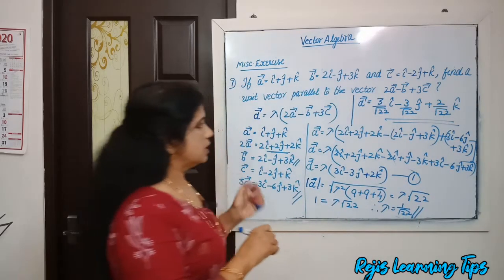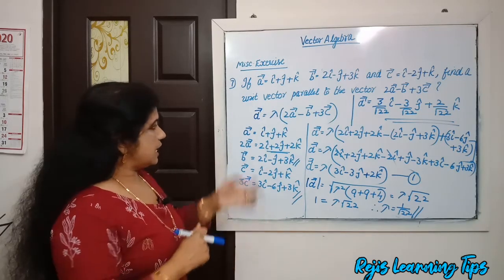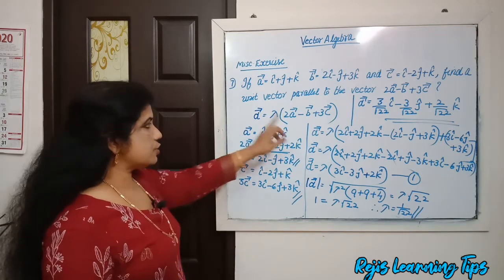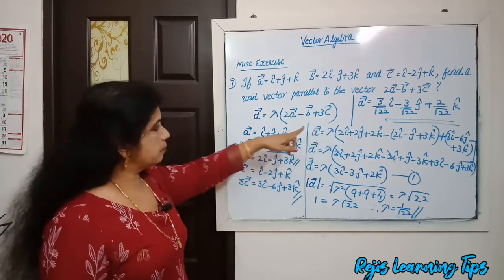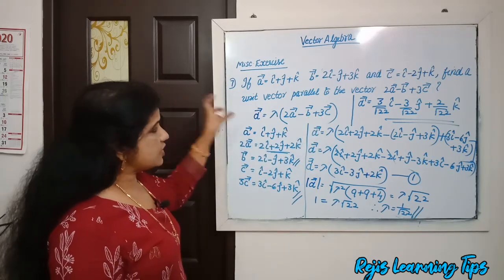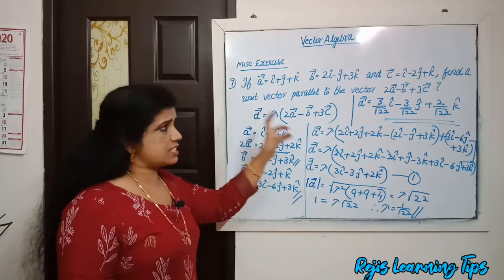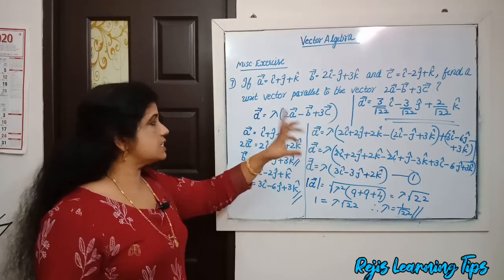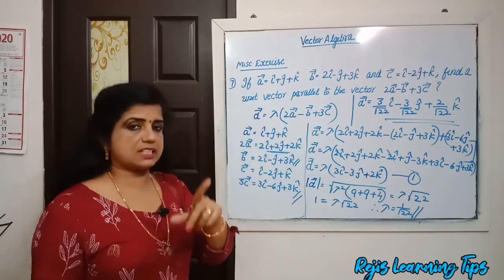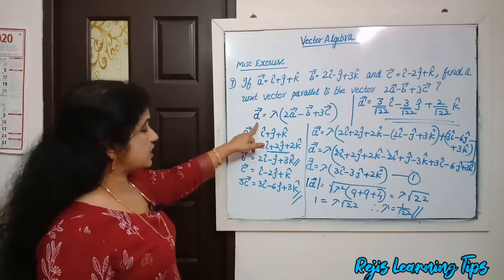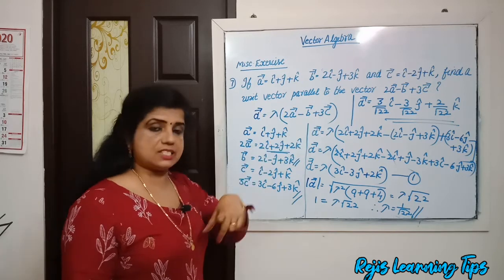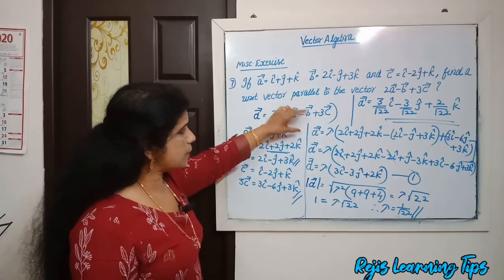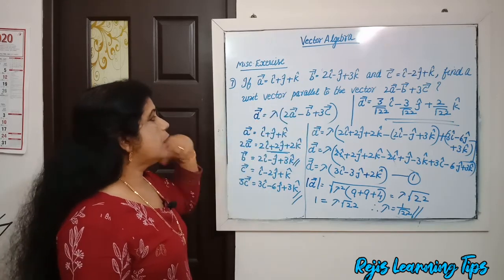Then first we should find 2A vector minus B vector plus 3C vector. Then a vector parallel to the vector 2A minus B plus 3C, we can represent as vector D, that is equal to lambda times of 2A minus B plus 3C.